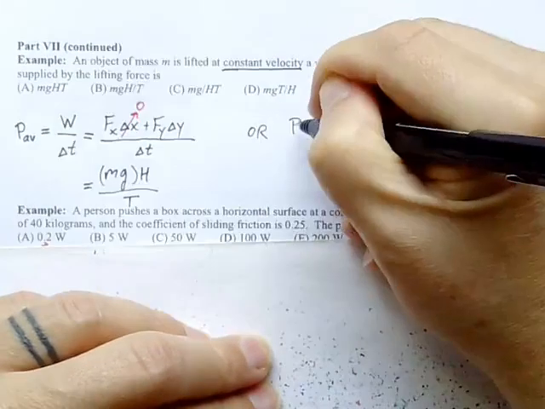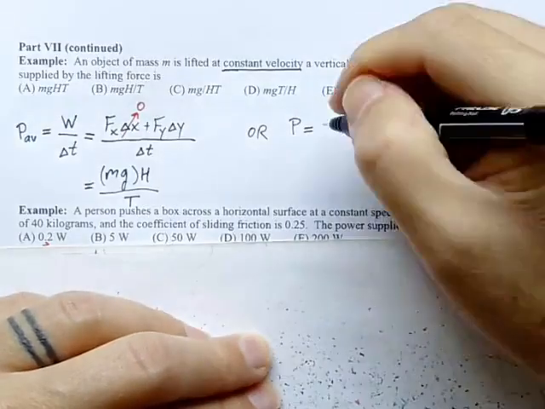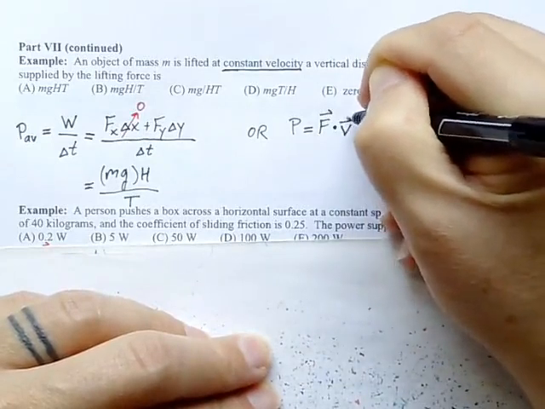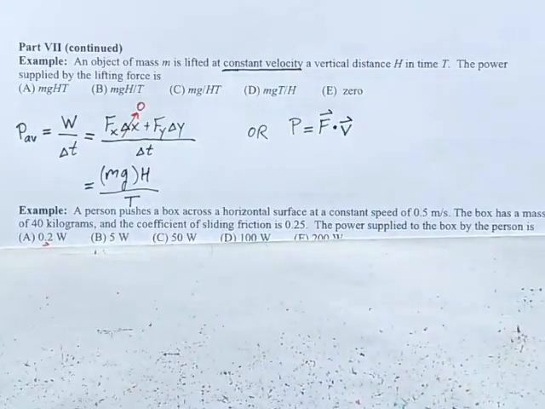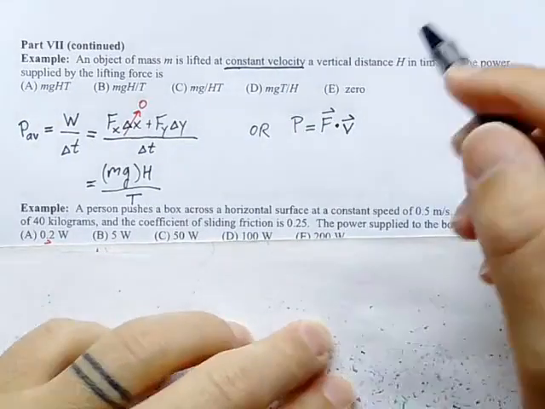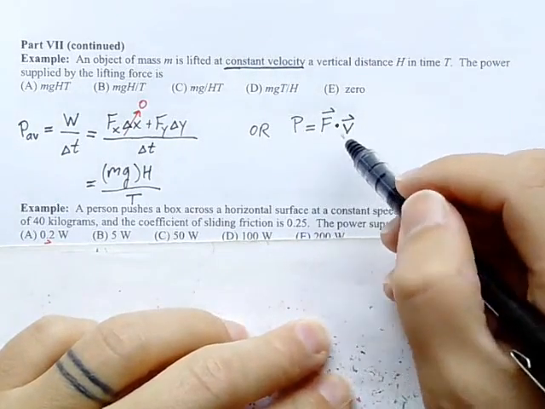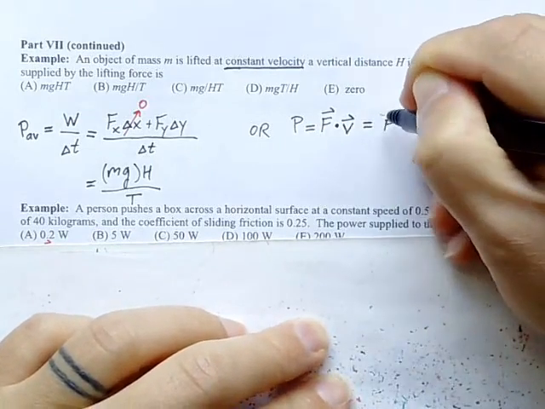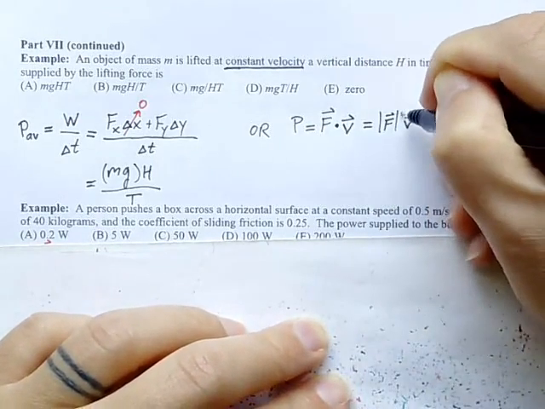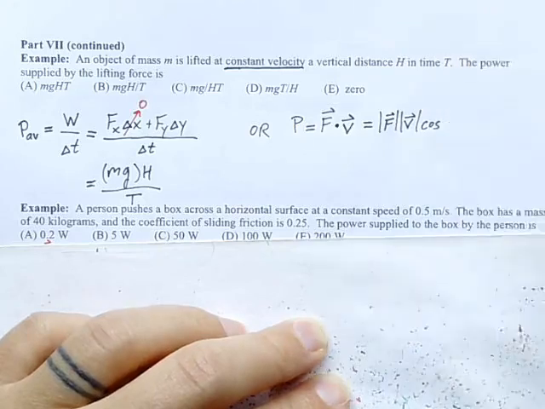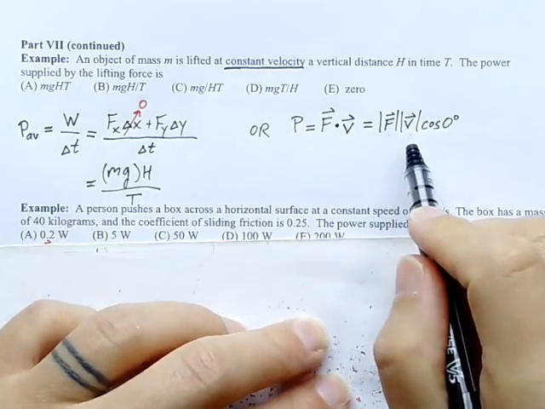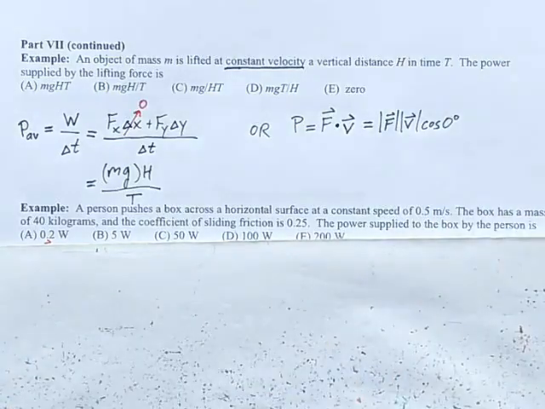Or I could solve it one other way. I could note that the power input required is also equal to the force applied dotted with the velocity vector of our object. And the force and the velocity dot product can be expressed using this representation of the dot product, magnitude of this vector times magnitude of that vector times cosine of the angle between them.